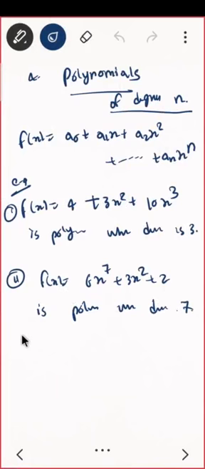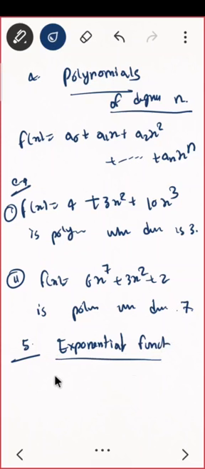The fifth one is the exponential function. What do you mean by exponential function? If you write f of x equal to a raised to x, that is, a number raised to a variable x, then that is called an exponential function.